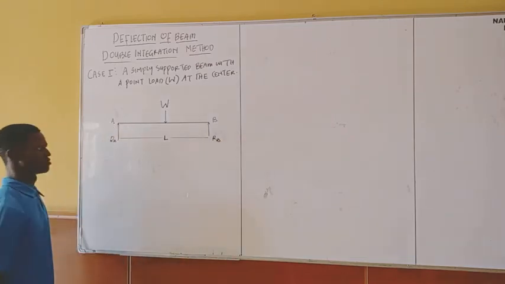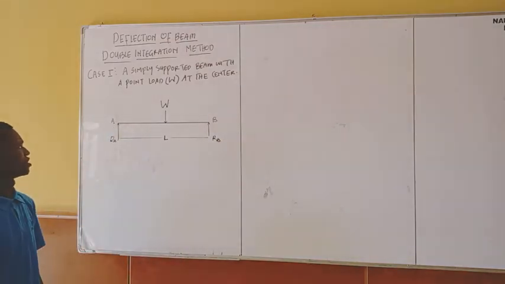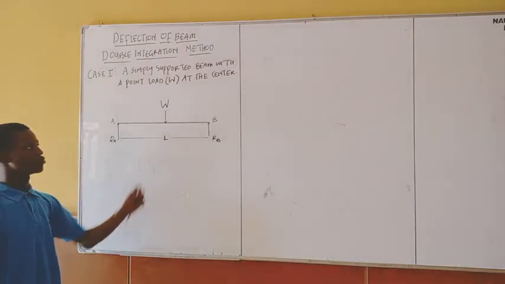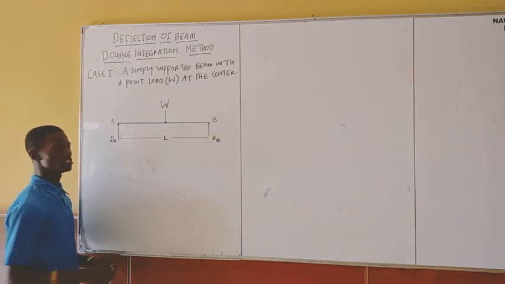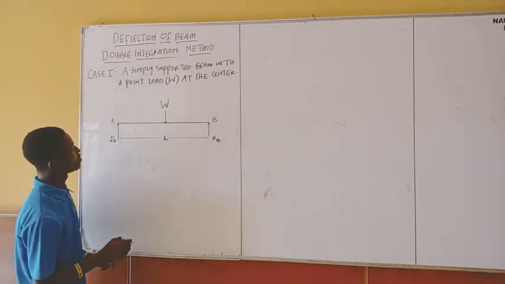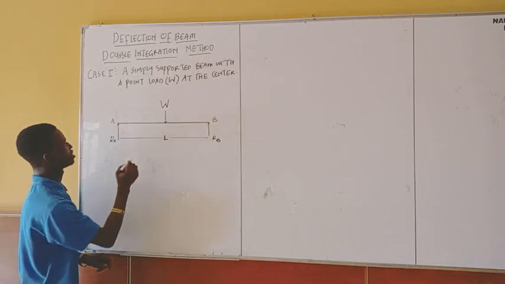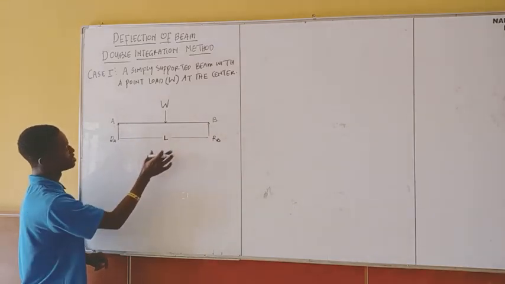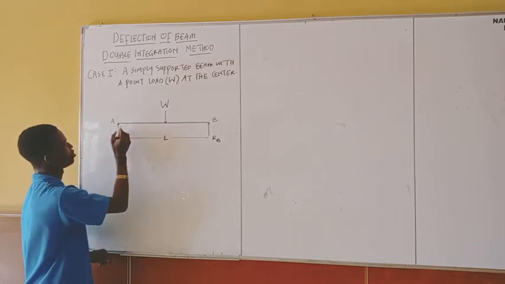Before calculating deflection for this beam, you know that the maximum deflection of this beam will occur at the middle. You understand? Because this is where the load is placed, and the effect of the load is more felt at the middle. So when the beam is under a loading condition and deflects, it will deflect in a manner like this.